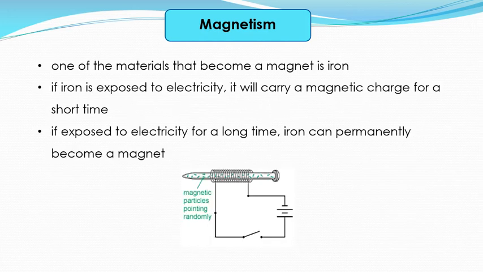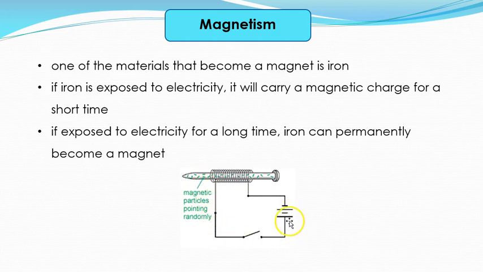One of the materials that can become a magnet is iron. If iron is exposed to electricity, it will carry a magnetic charge for a short time. If exposed to electricity for a long time, iron can permanently become a magnet.